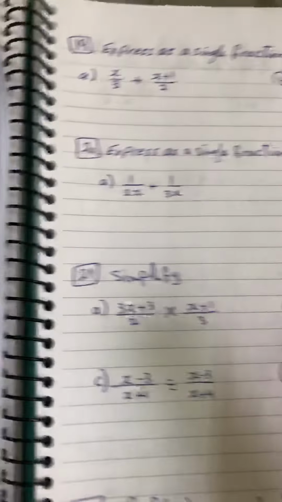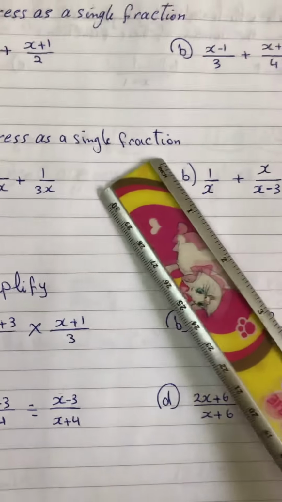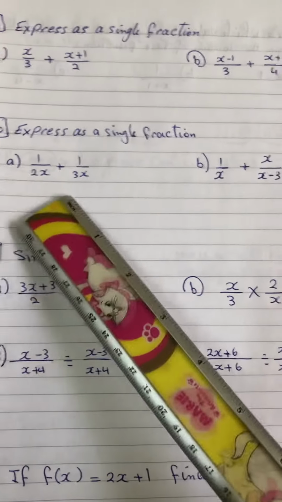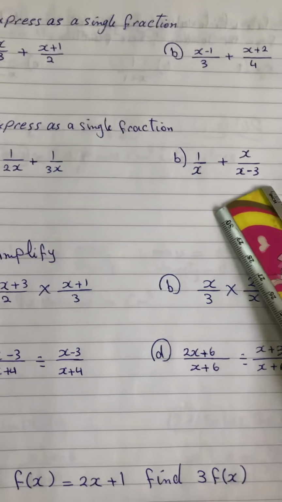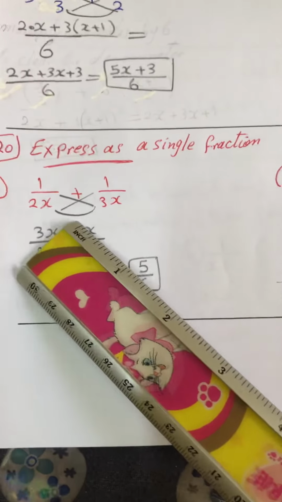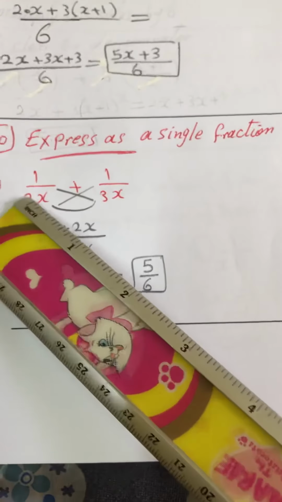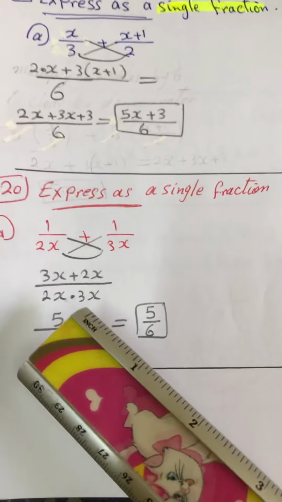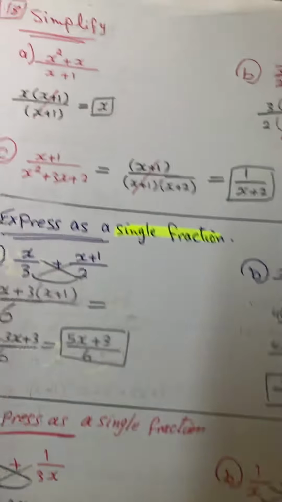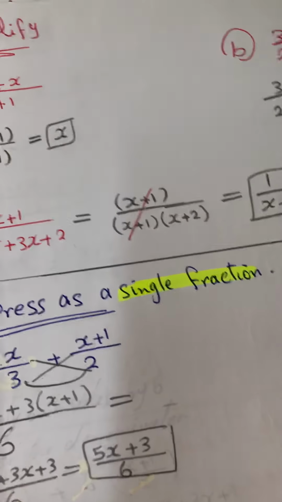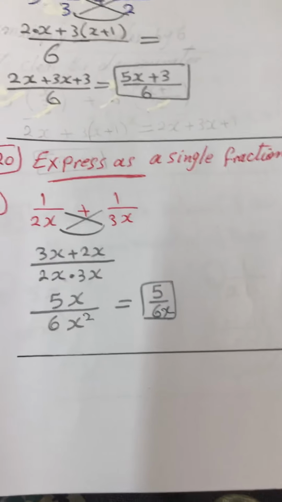Also expressed as a single fraction. Here we have numbers, but here we have x. The same idea. I'll make cross multiplication, but take care down. 2 times 3 equals 6, but x times x equals x squared.